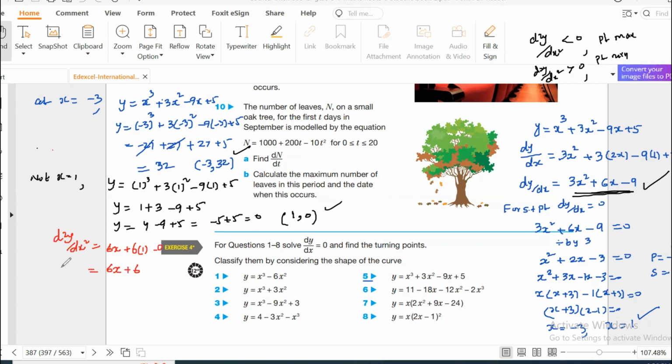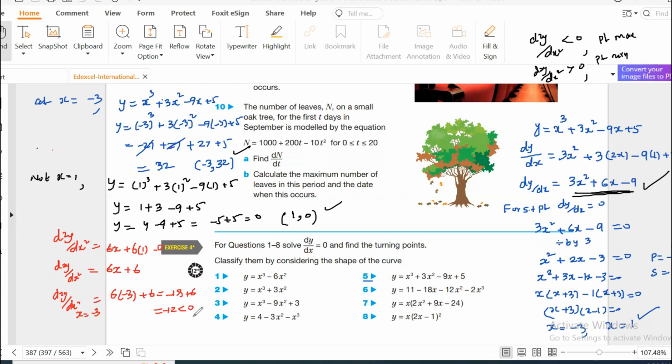This is the second derivative. Now we will check this second derivative at x is equal to minus 3. So d squared y over dx squared, I'm checking x is equal to minus 3. So 6 into minus 3 plus 6 gives me minus 18 plus 6, which gives us minus 12. And minus 12 is less than 0.